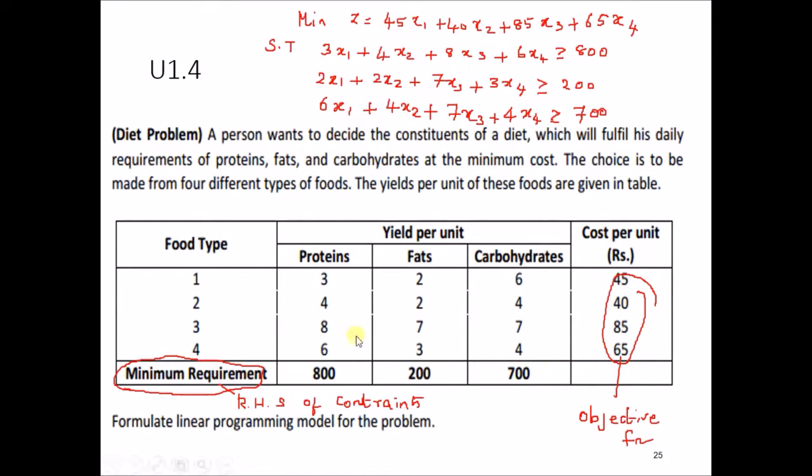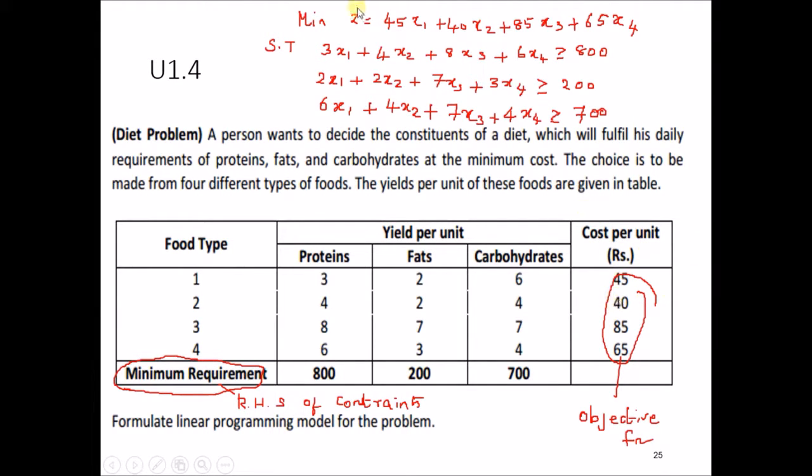So the thing we have to see here is, if you are seeing any term with a minimum requirement, it should become the RHS of the constraint for the minimization problem. If it is a maximization problem, you will see a maximum requirement. If you see profit or cost per unit, it should come under the objective function.